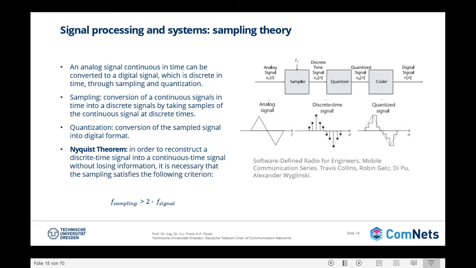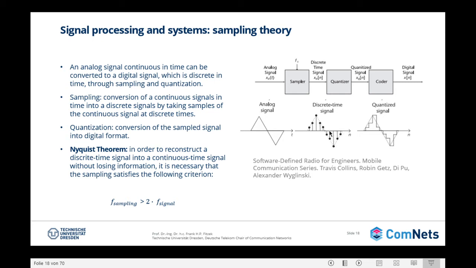Sampling is the conversion of continuous signals in time into discrete signals by taking samples of the continuous signal at discrete times. So by taking samples of the signal, we can discretize that continuous signal.